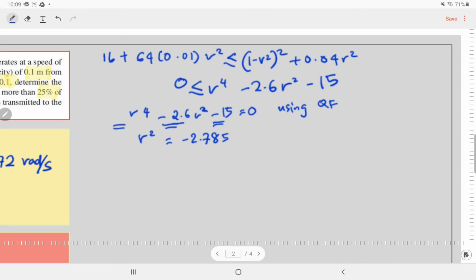So don't make a mistake. Although you're using the quadratic equation, your power here is to the 4. So when you use your calculator, the answer should be r square. So you get 5.3853 here. So if you actually solve for your r, you get the positive root.